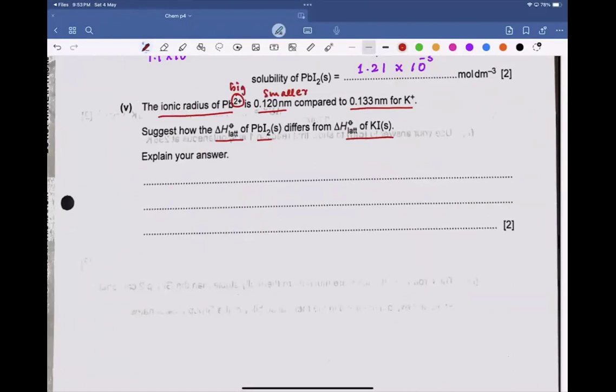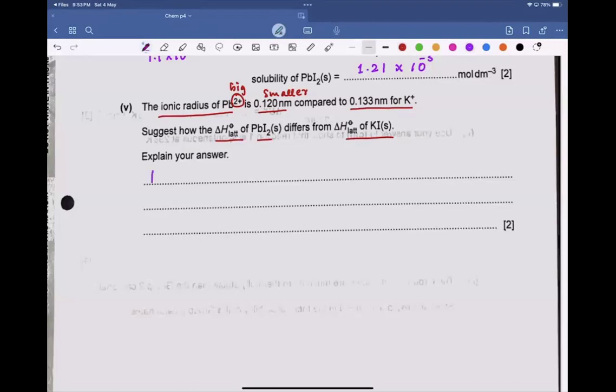So as a result, the lead ion has a higher or greater charge density, right? So the attraction of a lead ion with the iodide ion would be stronger than the potassium ion and the iodide ion, and hence a stronger bond would form, and as a result, more energy would be released. So the lattice energy would be more negative.